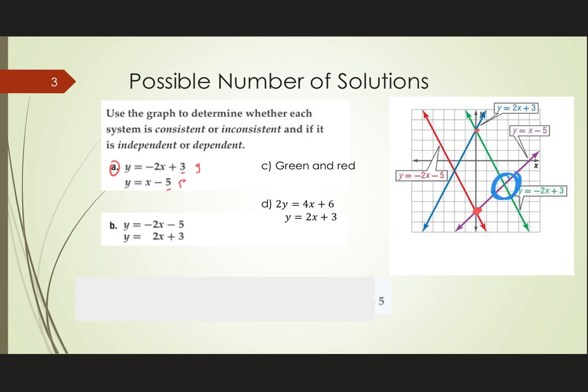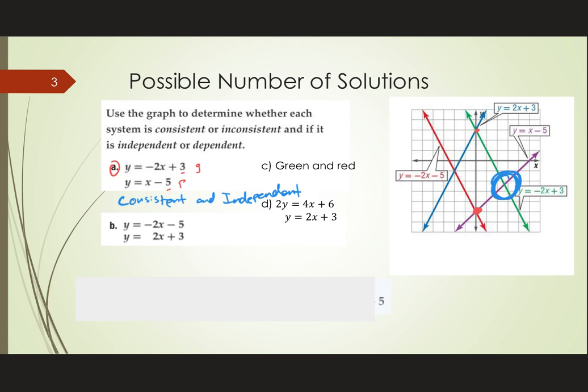They intersect right here. So it's going to be consistent. And since it's only one spot, it's going to be independent as well. So consistent and independent.